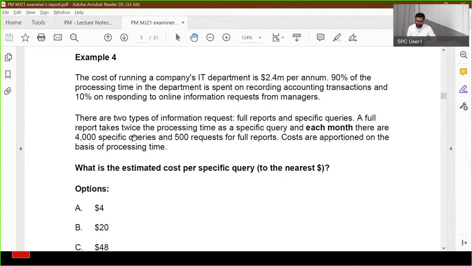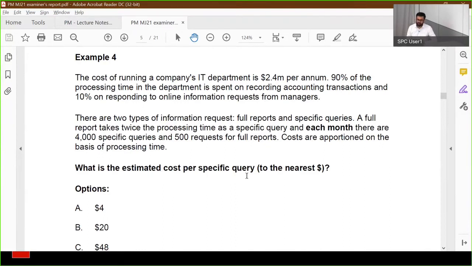A full report takes twice the processing time as a specific query, and each month there are 4,000 specific queries and 500 requests for full reports. Costs are apportioned on the basis of processing time. What is the estimated cost per specific query?